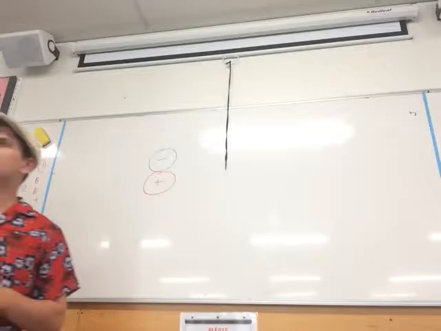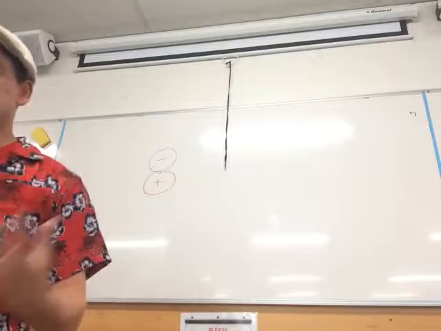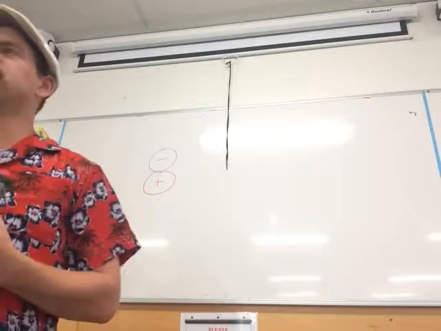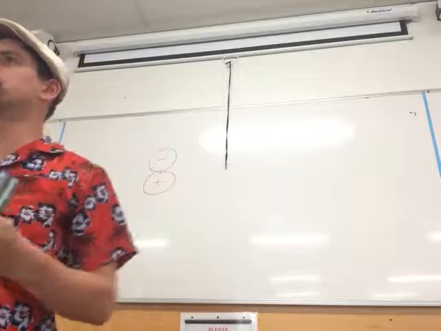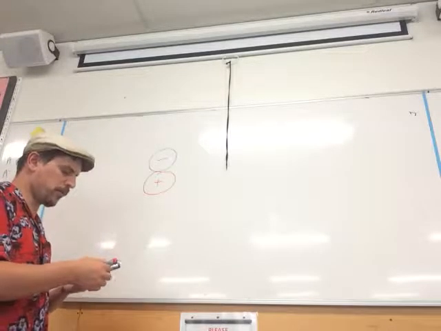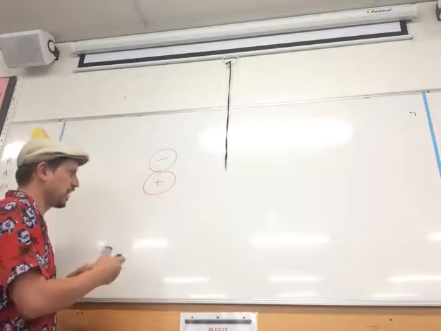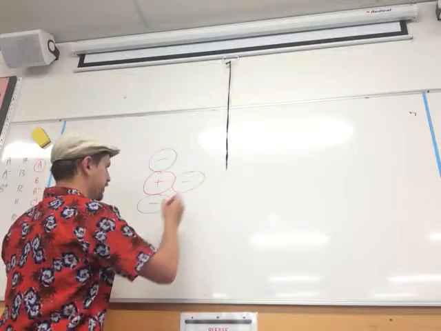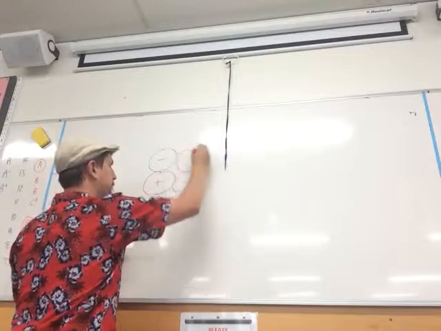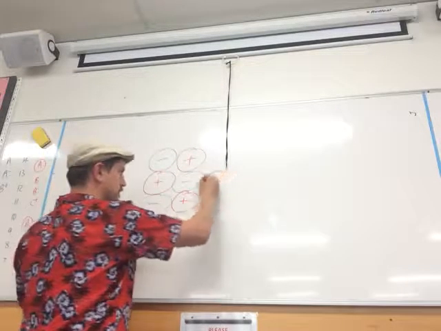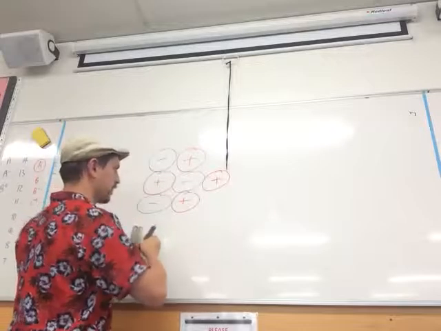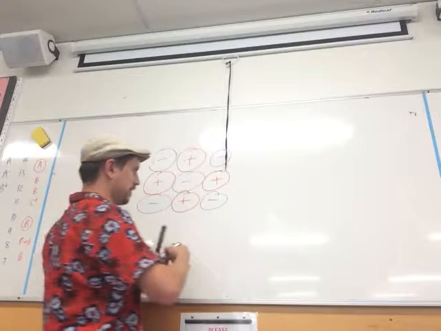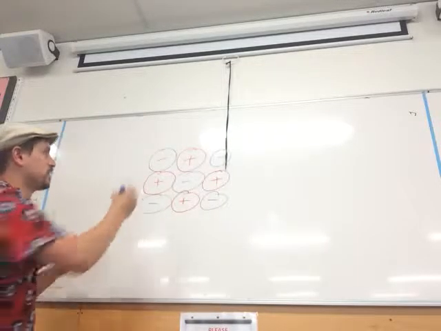But the reality is we've got millions of these ions coming together. And they arrange in such a way that maximizes their forces of attraction and repulsion to reach a stable lattice. So what you end up with is repeating units, and so on and so forth. This is an ionic lattice.